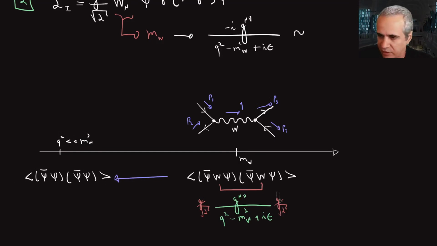So we'll have in front some G square over 2 MW square. And of course, this will make it so that the Dirac matrices that are here and here have a full contraction, which was happening before anyway.